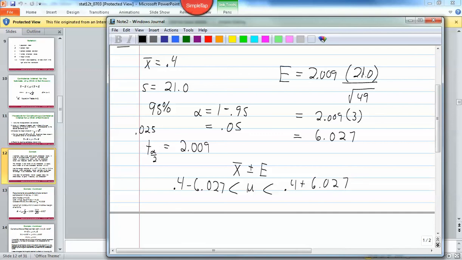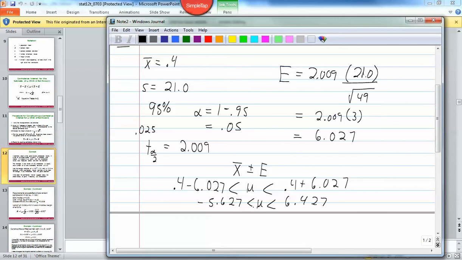Just seems like that should be some type of typo, but we'll go with it. All right, so that's negative 5.627 is less than mu is less than 6.427.